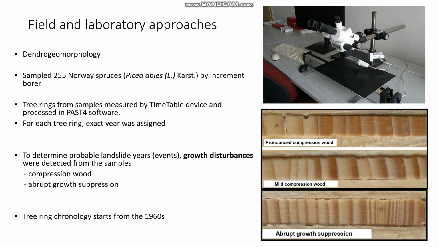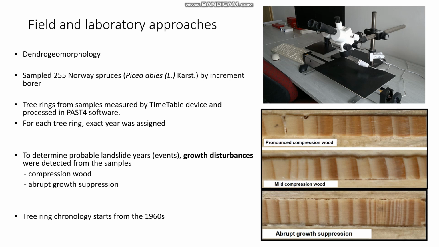Then in the laboratory, cores were stabilized by wooden supports and sanded to make tree rings more visible. Then the width of each tree ring was measured with the use of a stereoscopic microscope and a measuring device TimeTable. After that, I processed the measured data in PAST4 software, so each tree ring got its precise year.